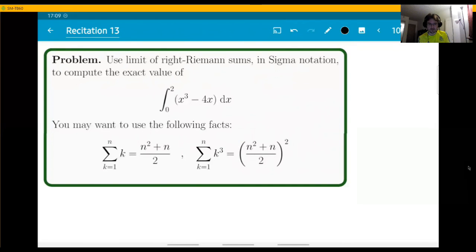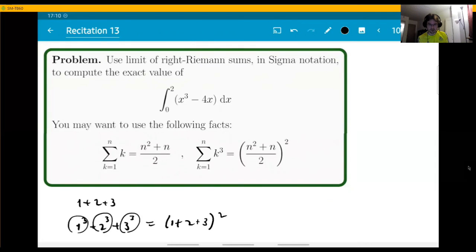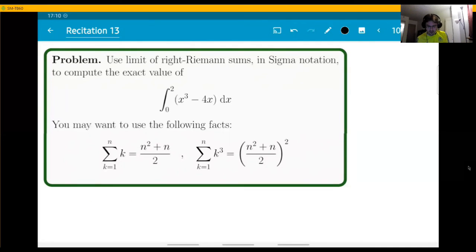It is a coincidence that happens when you do the sum of numbers, let's say 1 plus 2 plus 3, and when you compare that to the sum of cubes, 1 cubed plus 2 cubed plus 3 cubed, the relationship between those two things is that one is the other squared. Just think about this. 1 plus 8 plus 27 is 36, which is the square of 1 plus 2 plus 3, which is 6. So anyway, just a coincidence. We'll think of these two as just formulas that were given to us.